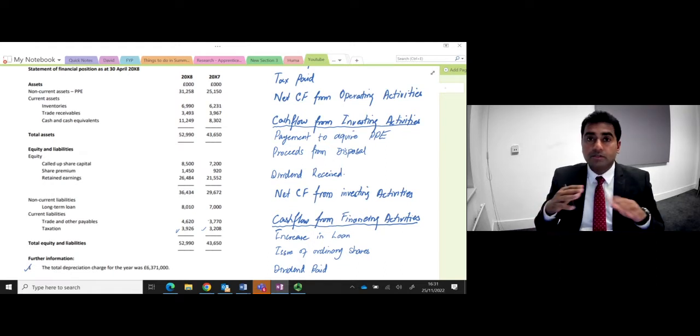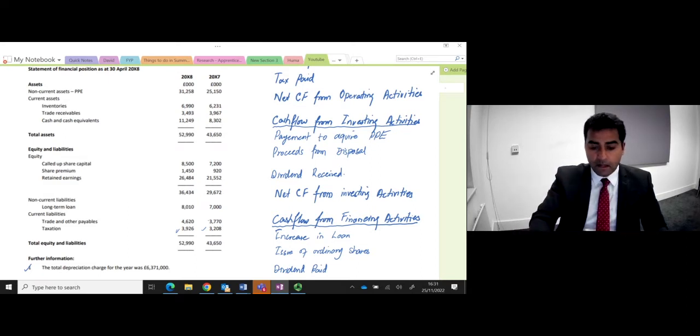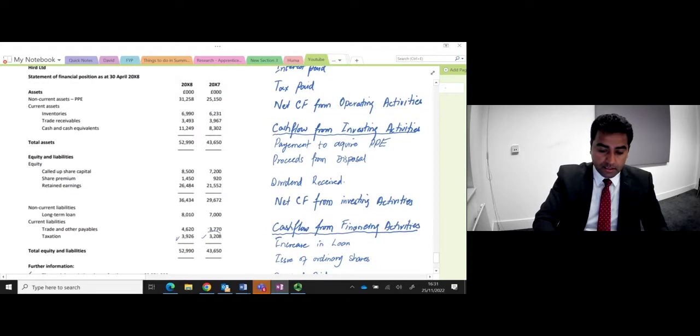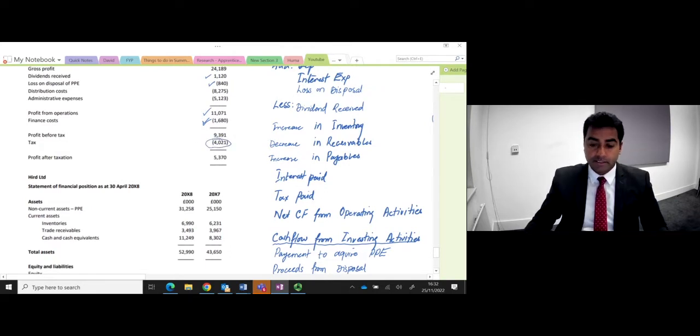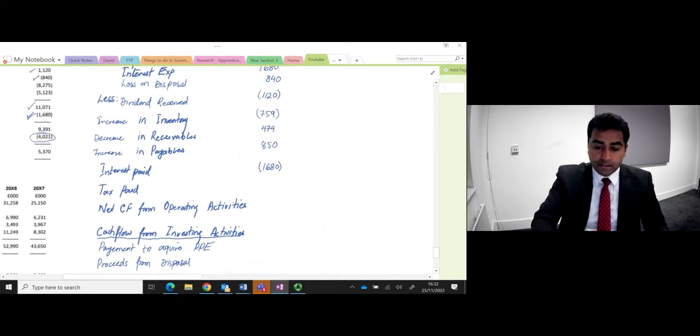So I'm going to prepare a T account, a ledger, where I'm going to record these transactions and figure out how much tax has actually been paid. And so I need this opening balance figure, the closing balance figure, and the tax recorded as an expense in the income statement. So right in front of it, I'm going to open a T account, call it a tax account.